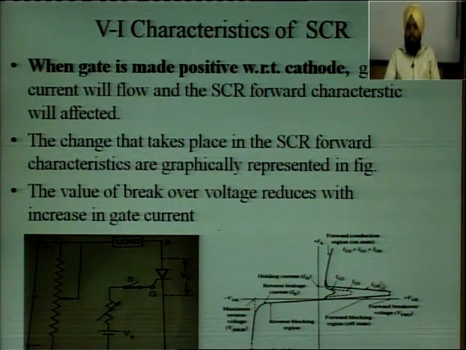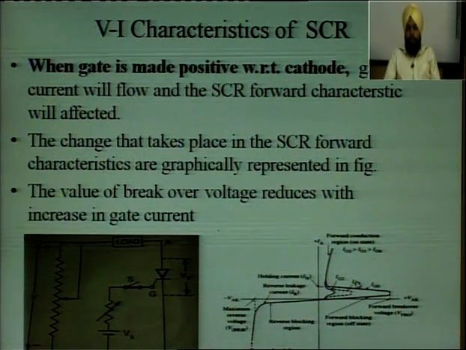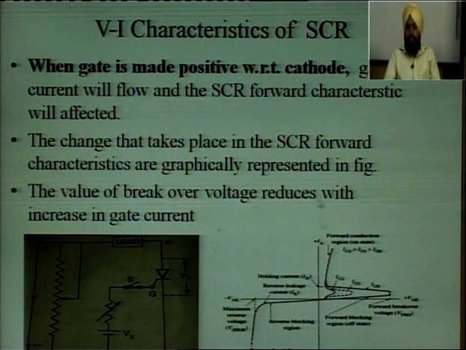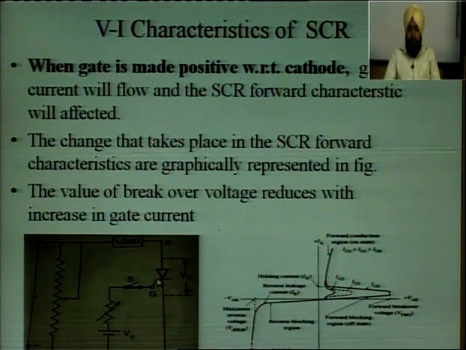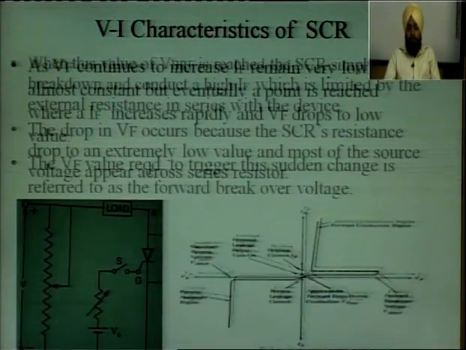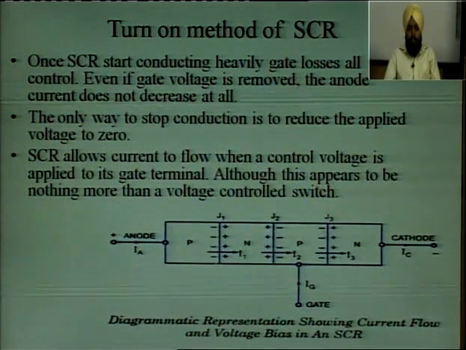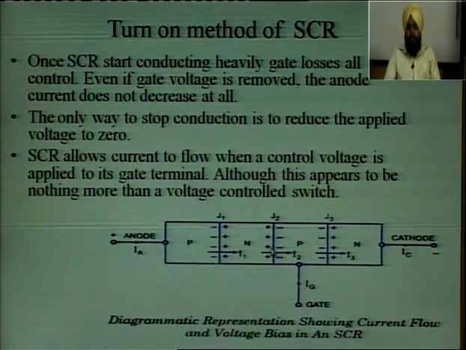Next is when we increase the gate current, that is gate current has some value. Now the gate current has value Ig1. When we apply gate current, this gate current through the thyristor will reduce the reverse biasing of junction J2.